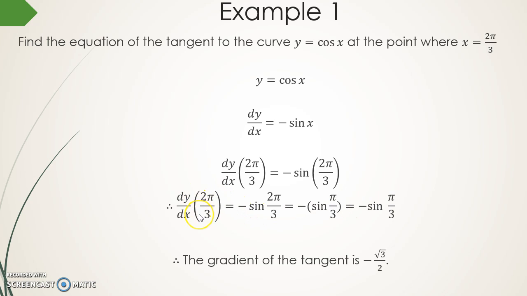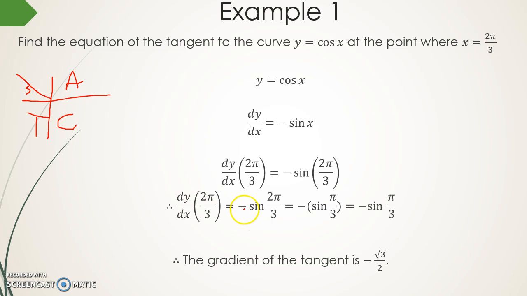So 2 pi over 3, if we go back and use our CAST diagram, where does 2 pi over 3 sit? It sits here in this quadrant.